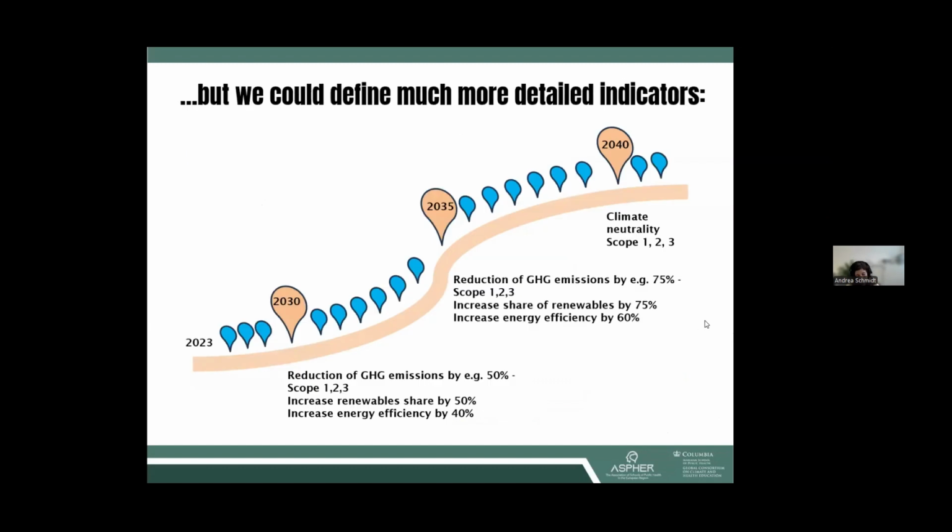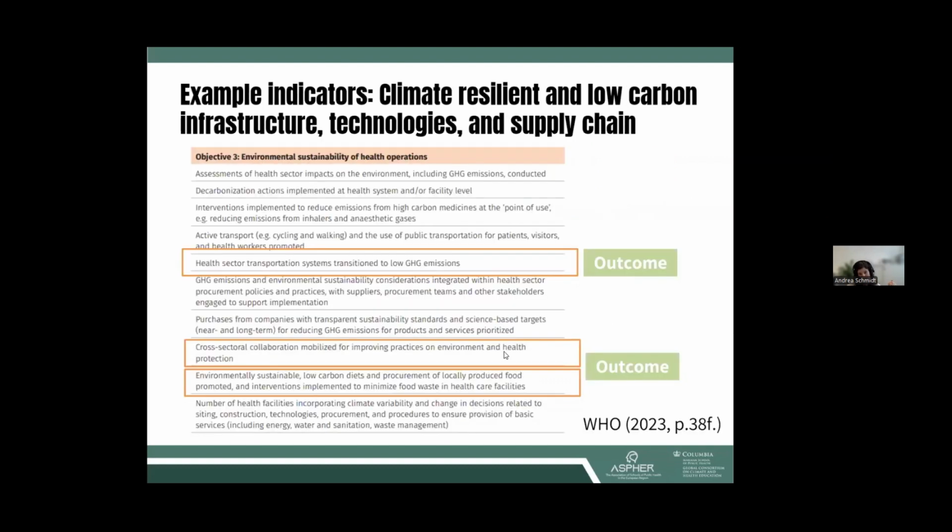But then again, if we take the perspective of a person who is, for example, a sustainability manager in a facility, these previous indicators will be at a much too high level for actually operational use.